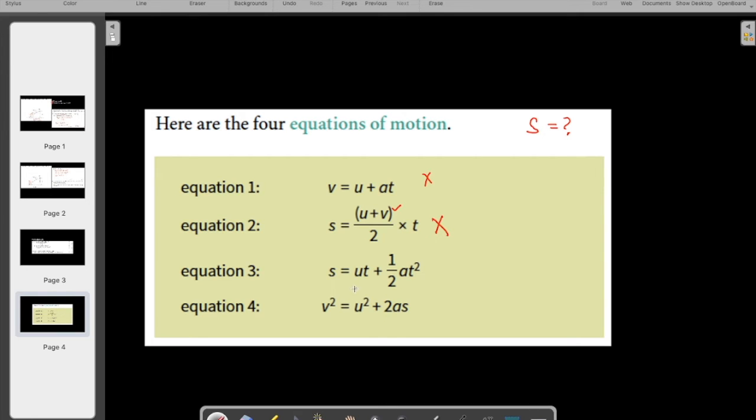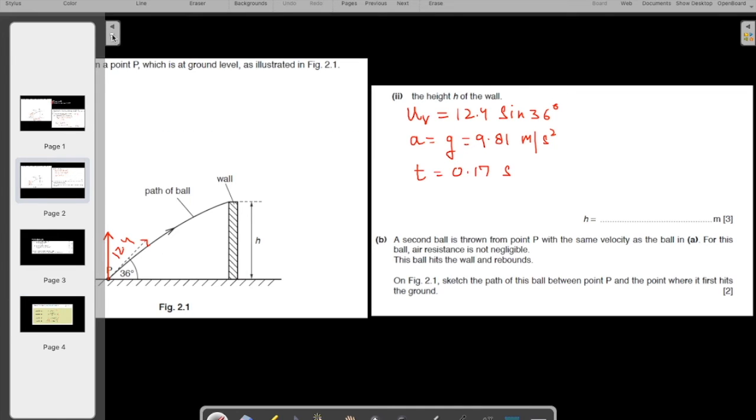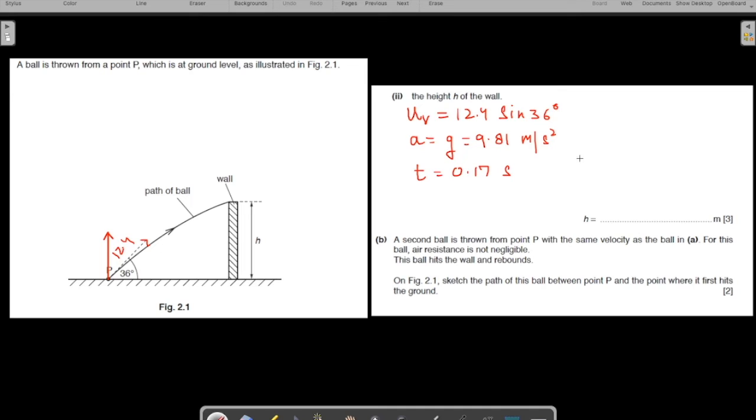Now the third formula, you know T, you know U, you know A, makes sense. The last formula, you do not know the value of final velocity, doesn't make sense. So let us work with the third equation, which is S is equal to ut plus half at square.